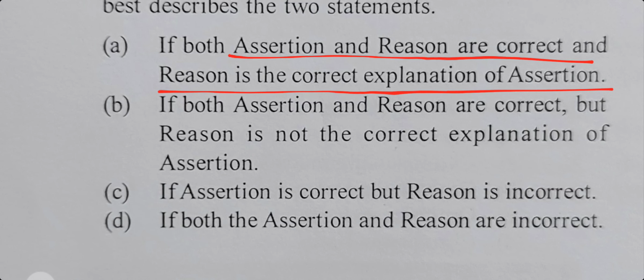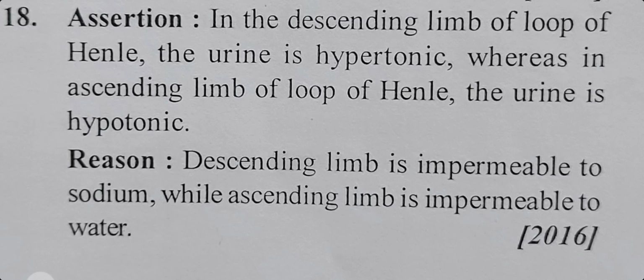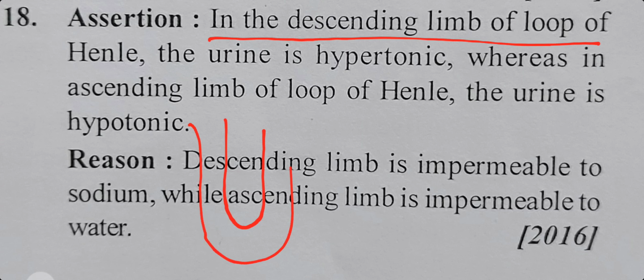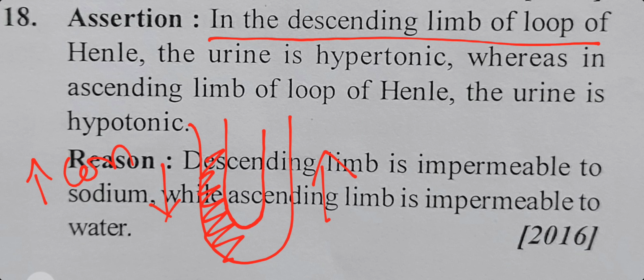In the 18th question, the assertion given is: in the descending limb of loop of Henle, the urine is hypertonic, whereas in the ascending limb, the urine is hypotonic. In the loop of Henle, this is the descending limb, this is the ascending limb. In this part the urine has a high concentration of urea, and on the other side it is low concentration of urea, that is hypotonic.